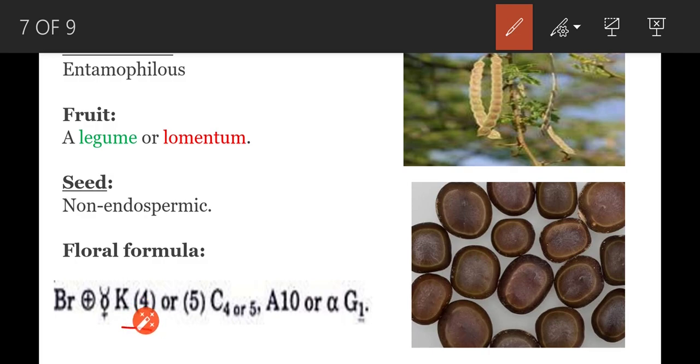So we put a bracket around 4 or 5. Next, corolla, 4 or 5 petals. They are free, polypetalous. Androecium comprising 10 or infinity. 10 or more stamens are present in the androecium. Gynoecium is monocarpellary, unilocular, superior ovary. So we kept a line below the gynoecium.